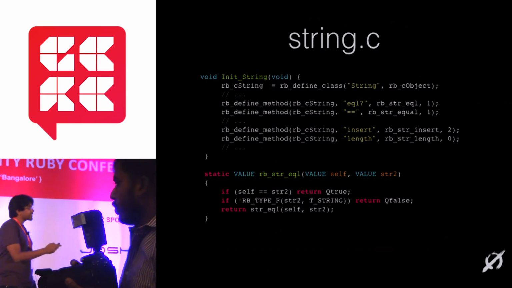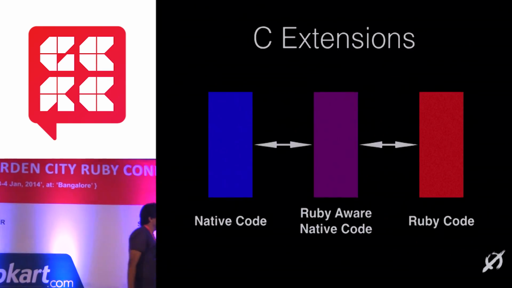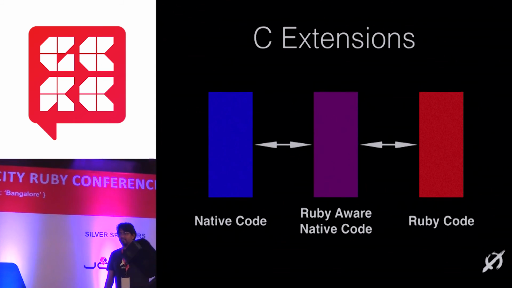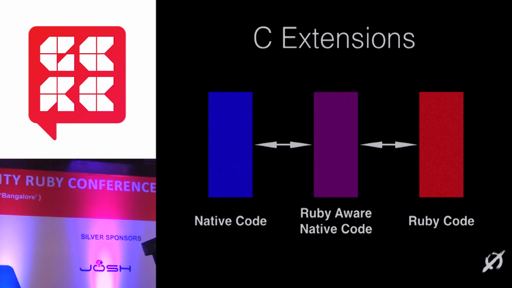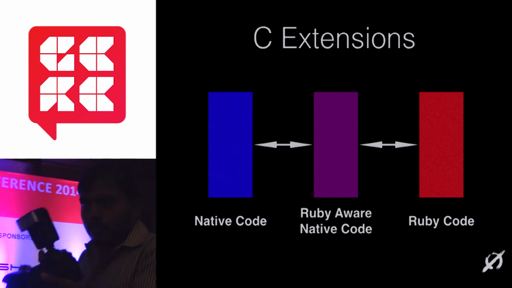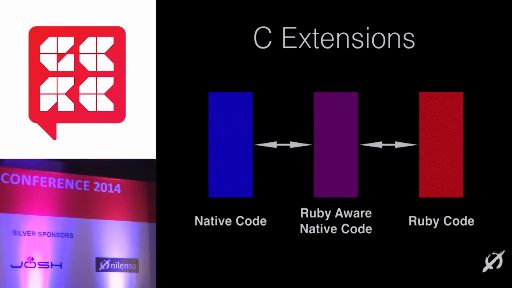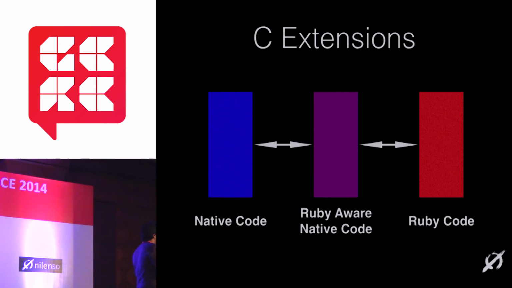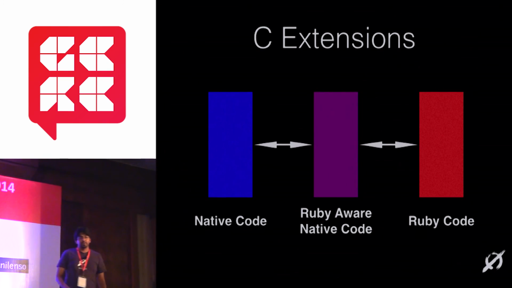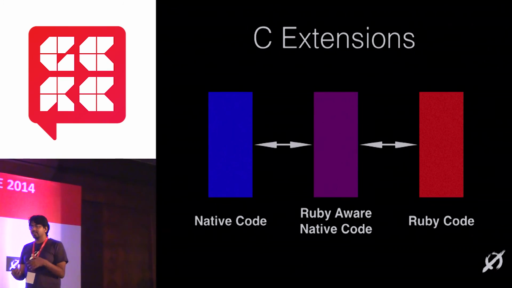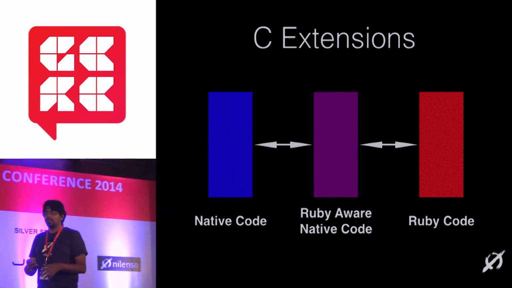Like I said, the architecture of most of your things is sort of like this, where you have native code, Ruby-aware native code, and your actual Ruby code. Presumably, you're doing something like a Google Test to test your native code. And to test your actual Ruby code, depending on what your library is, it will vary drastically.